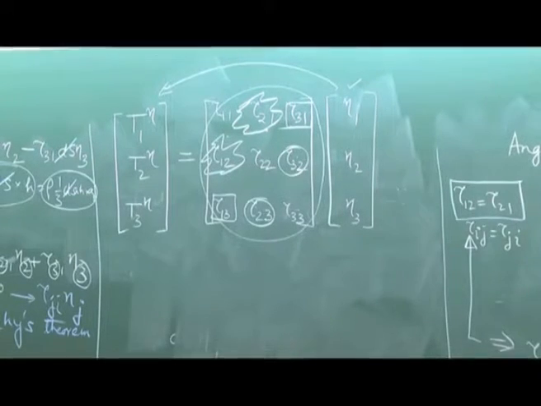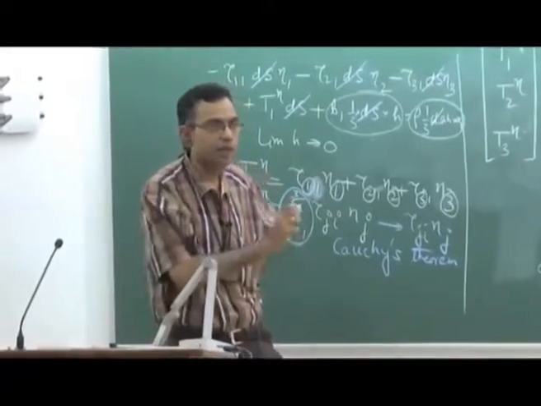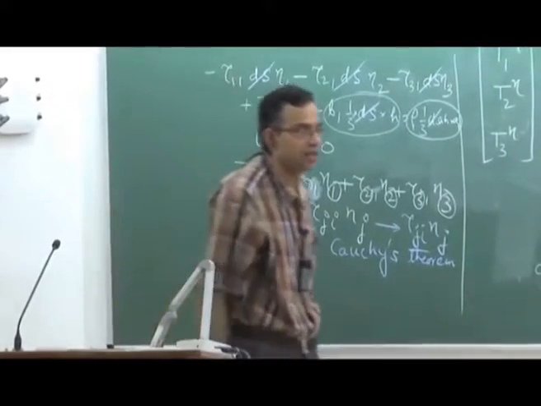So how many independent components are there in the stress tensor? 6. So you have 6 independent components in the stress tensor.